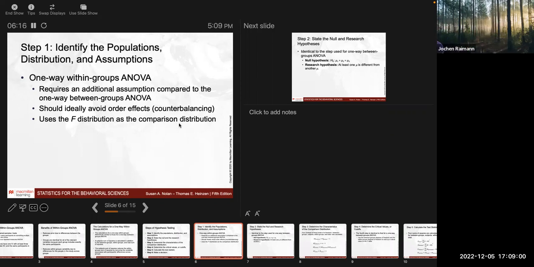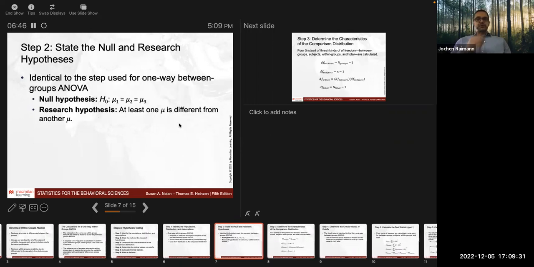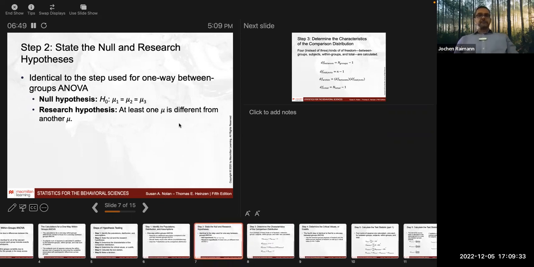And this is again where you have, in a crossover design, you randomize the order in which each subject is approaching each level of the independent variable. So you're randomizing within that group allocation which one is being started for each individual. And if you can do that in a successful manner, you will minimize the effect of confounding due to an order effect. So again, the F distribution is a comparison distribution.